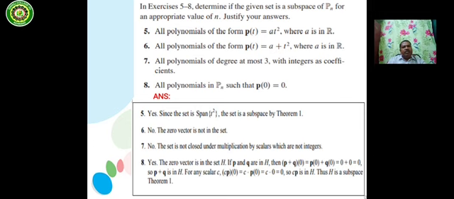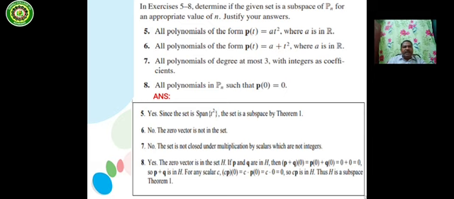So in the seventh problem, all the polynomials of degree at most 3 with integer coefficients. Degree at most 3 means the degree of the polynomial is less than or equal to 3. Here the coefficients are integer coefficients. In all the earlier problems, coefficients are real numbers.